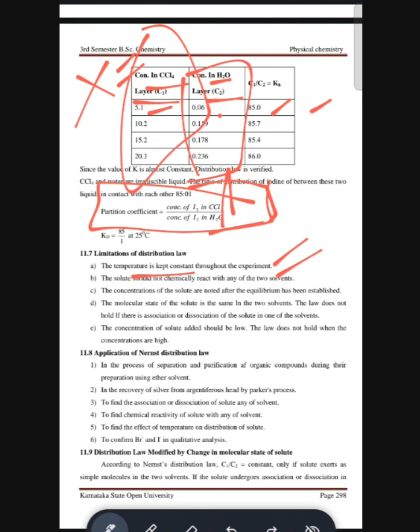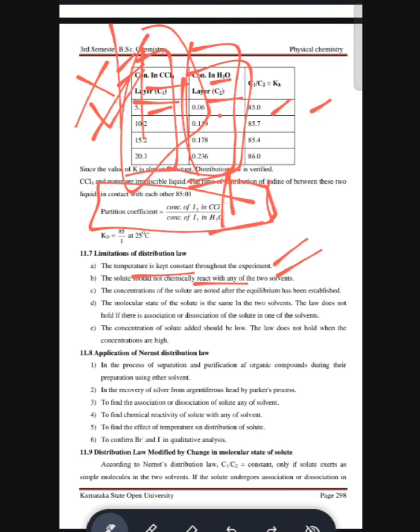And the solute should not chemically react with either of the two solvents. The solute you add, for example an acid, or in another experiment we added iodine, should not react chemically with either of the two solvents we have taken, carbon tetrachloride, water, or ether.